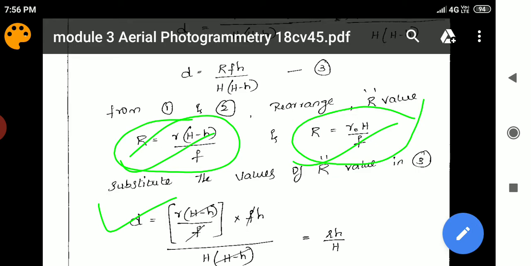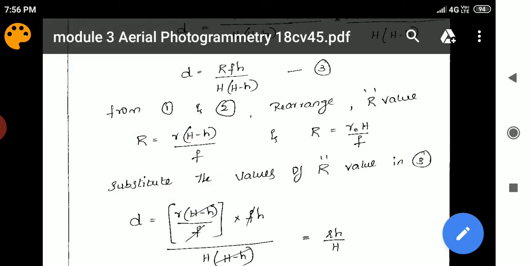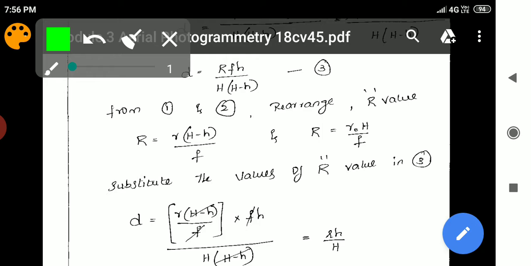So what is the 3 formula? R of f h divided by H of H minus h. First I will put this r value, by using this value I will put in r, I will put in d.